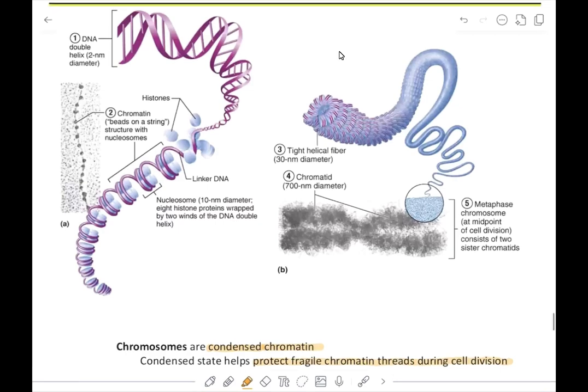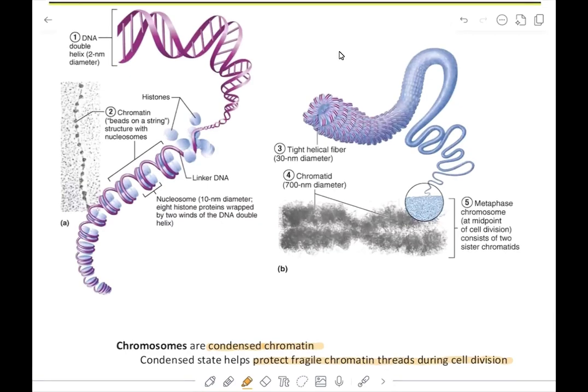So looking at our slide, we can see the double helix, which you were introduced to in chapter 2. The DNA surrounds protein particles called histones, and the chromatin can be thought of as beads on a string, a structure with a nucleosome.